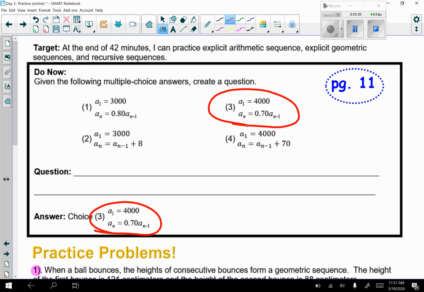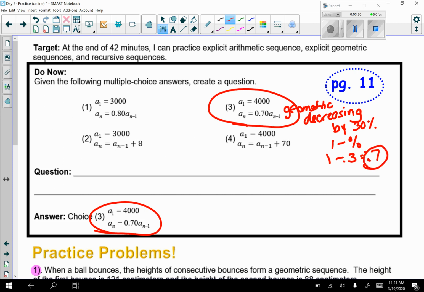So what you should notice about answer choice 3 is that the starting value is 4,000. So you should have referenced something like that. And this is geometric because it's multiplying. And it's decreasing, so you should be losing value, because this is actually decreasing by 30%, because 1 minus my percentage would give me that 0.7, which is in my formula here.